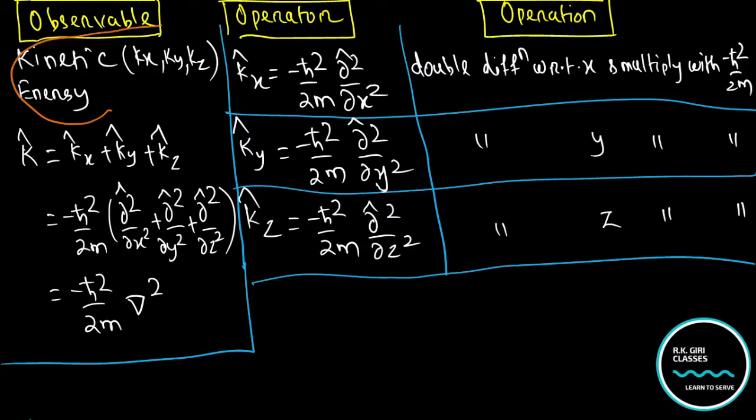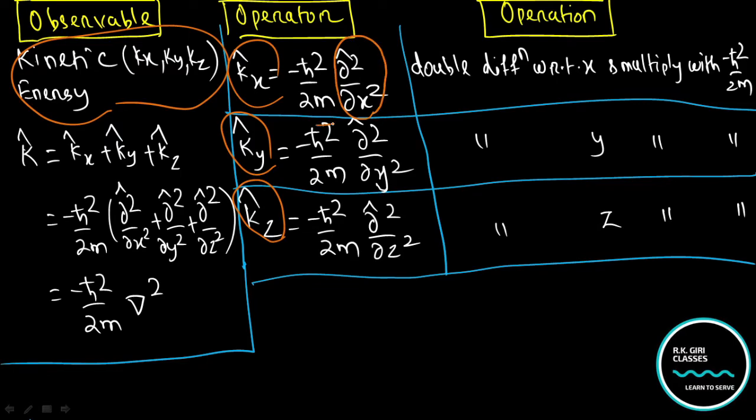Now if you have kinetic energy, then the operator is represented like this: kx, ky, kz, and it is represented as del square by del x square into minus h square by 2m. That is double differentiation with respect to x and multiply with minus h square by 2m.